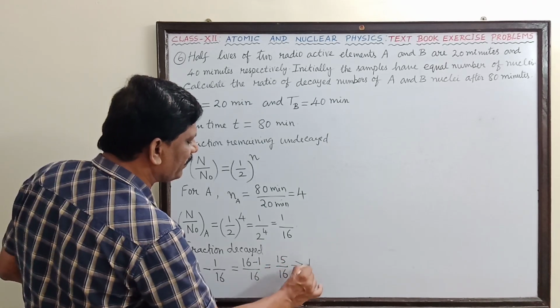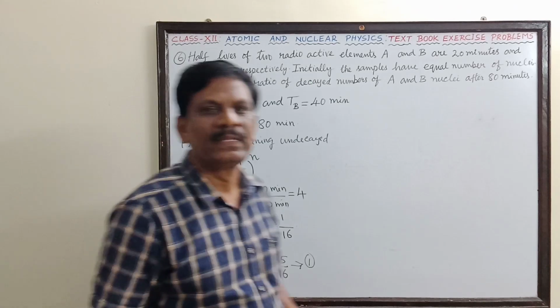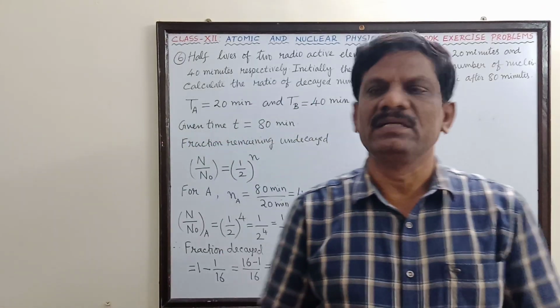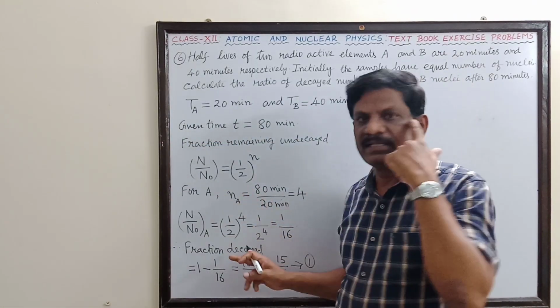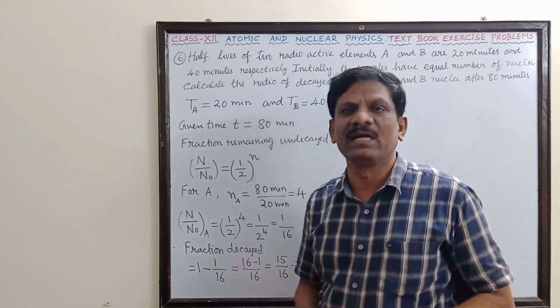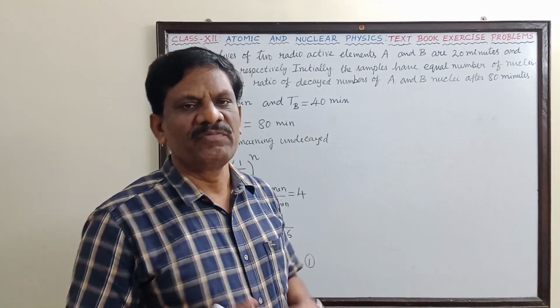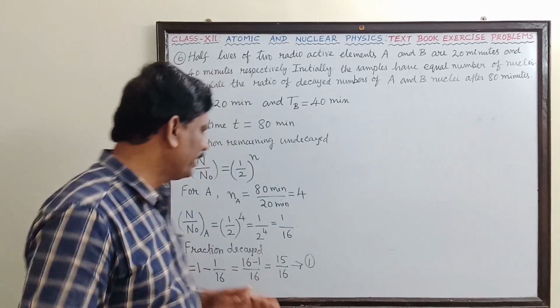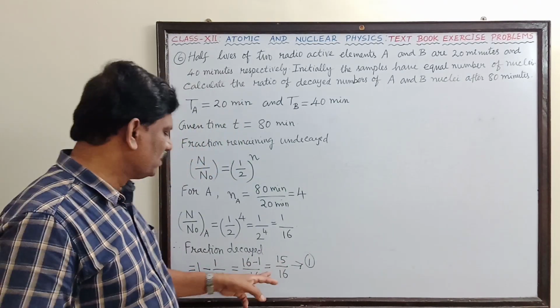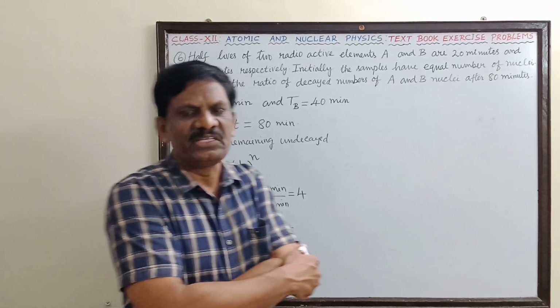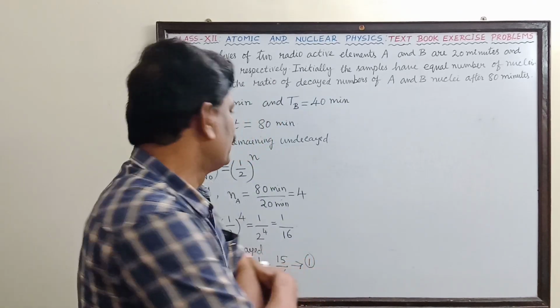So this is our first expression. Normally the decay equation is for the amount or the fraction remaining undecayed. So if you want to find the fraction decayed, we have to subtract that from 1. So that is equal to 15 by 16 for the element A.